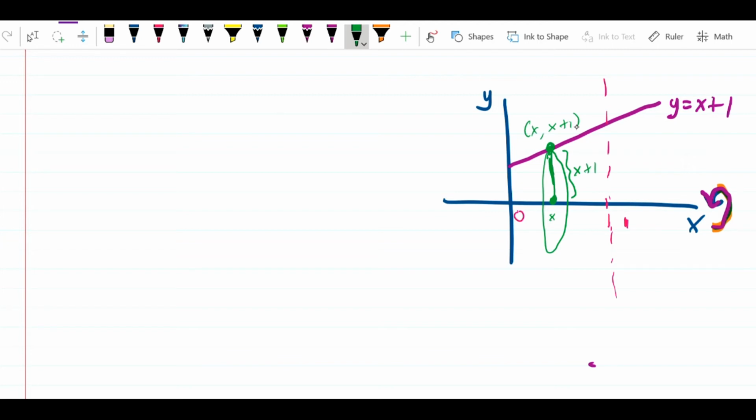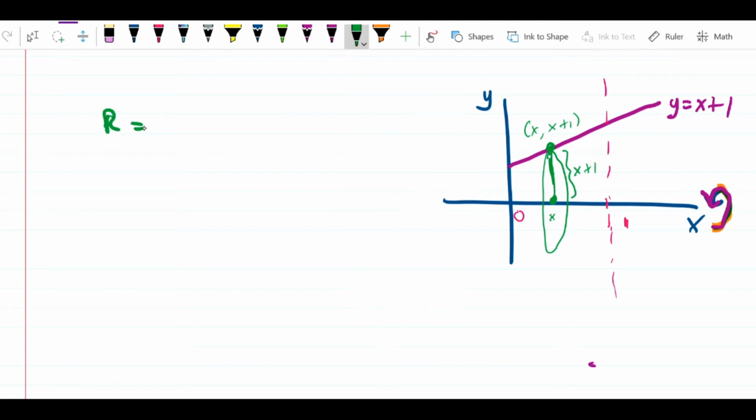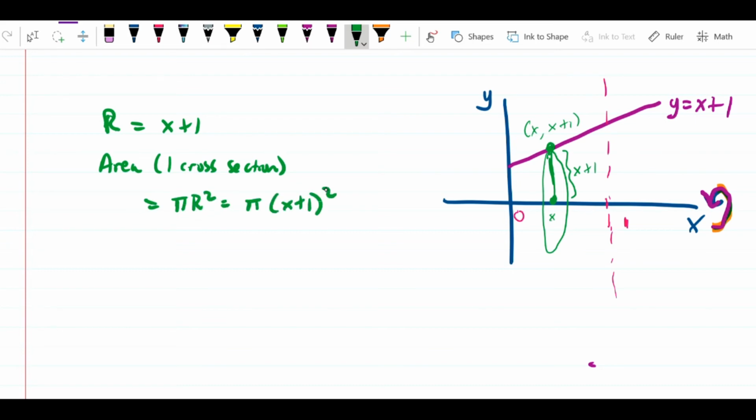So let's set up the calculation. First of all, the radius is equal to x plus 1, and therefore the area of one cross section is equal to pi r squared, which is pi times x plus 1 squared.